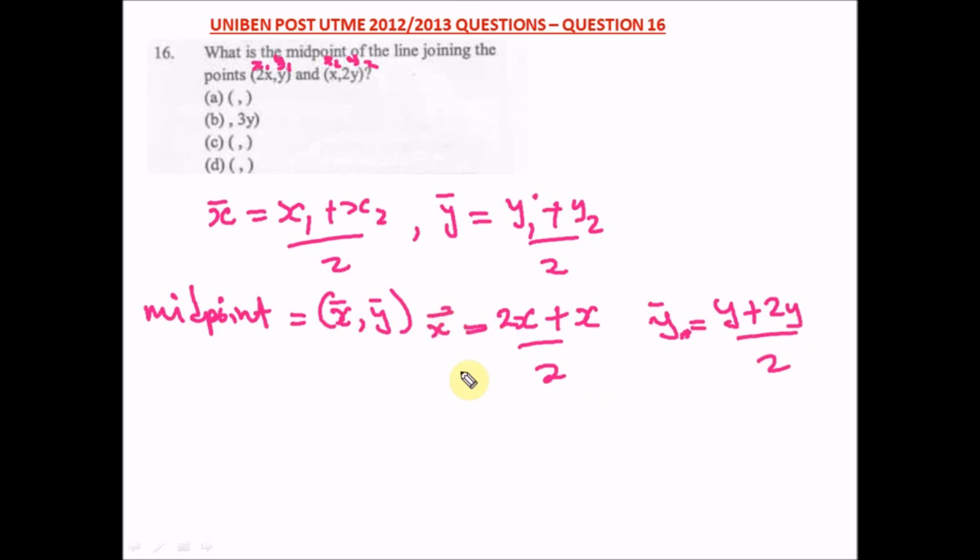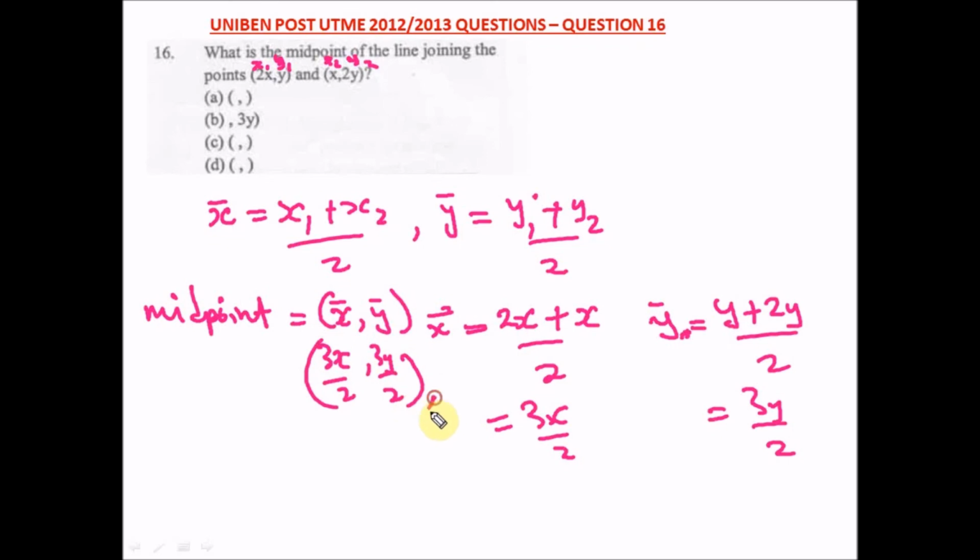Okay, so here we have 3x divided by 2 and 3y divided by 2. So our midpoint is 3x over 2, comma, 3y over 2. Okay, this is our answer. All right, there's also a typographical error here. All right, but our right option is this. Okay, this is our right answer.